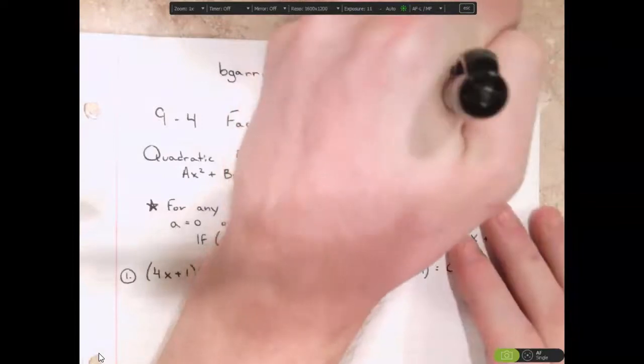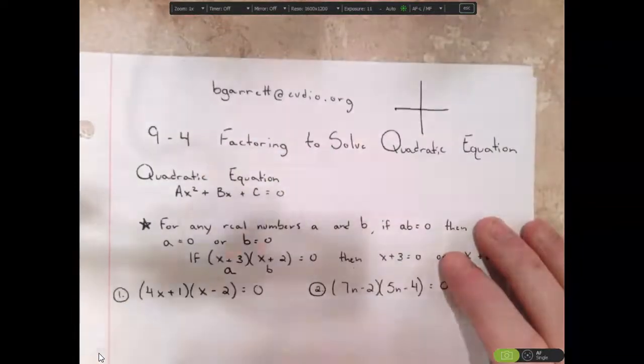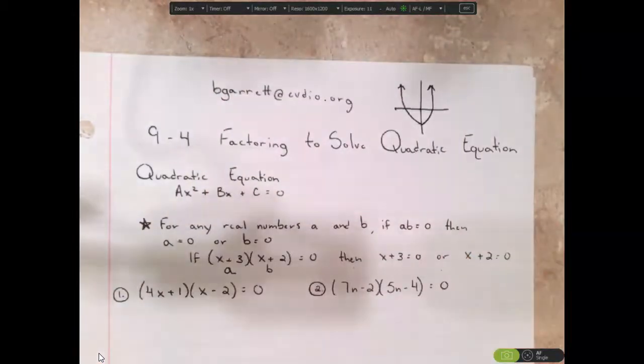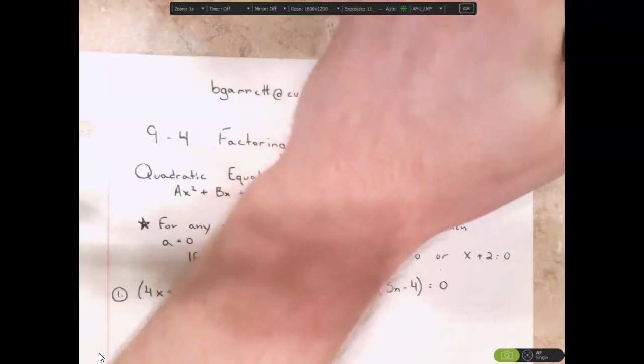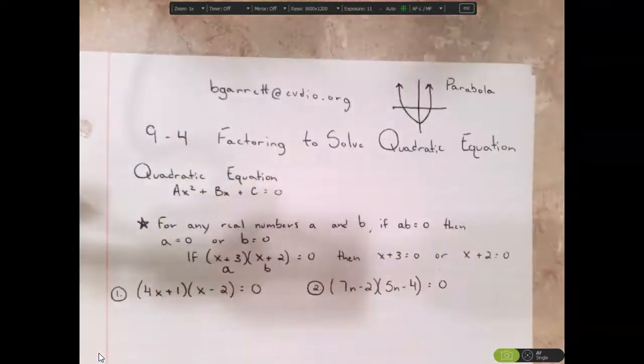What we're looking for is solutions. As a review, whenever we graphed something for this lesson, we came up with this curved-looking graph. This is what a lot of our problems look like, and this was called a parabola, if you forgot. The solutions to this parabola are where it touches the x-axis.